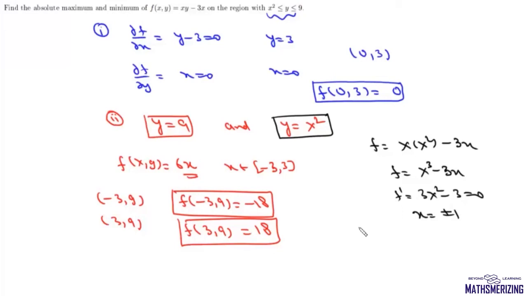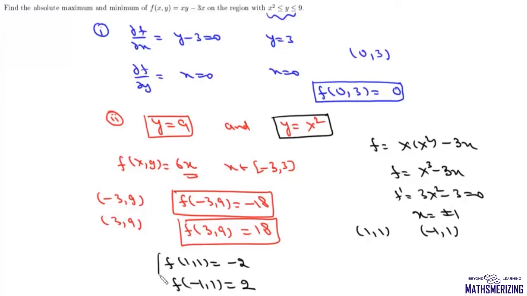So one of the points will be (1, 1), and the other point will be (minus 1, 1). So value of f(1, 1) will be minus 2, and value of f(minus 1, 1) will be plus 2.